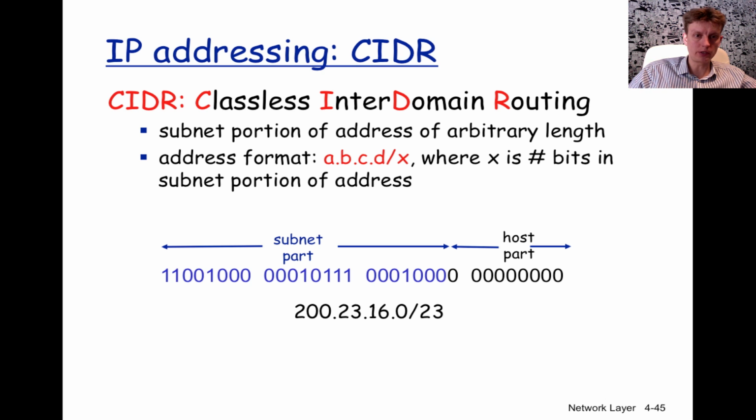When structured in this way, so that the subnet portion can be of arbitrary length, these IP addresses enable so-called CIDR routing, classless interdomain routing.